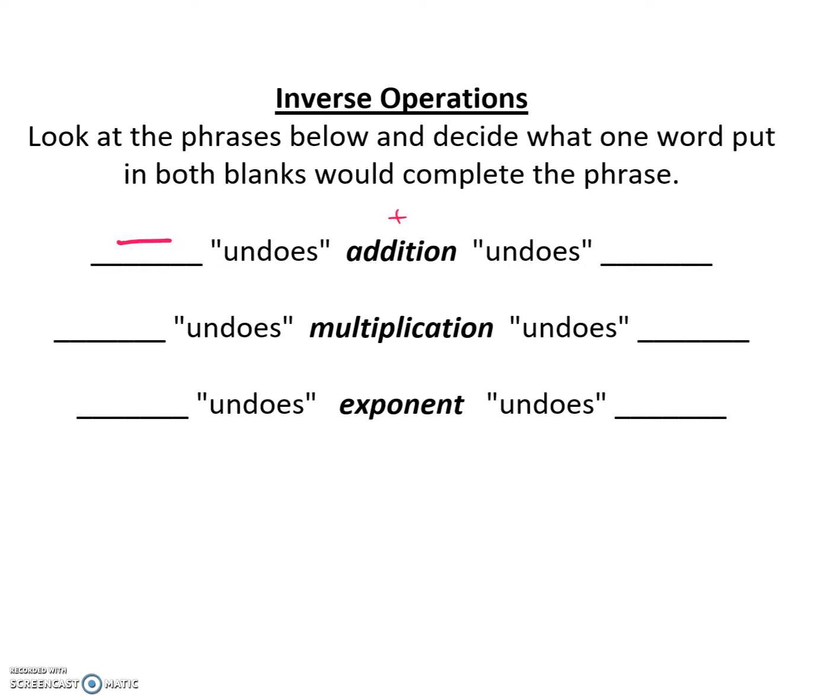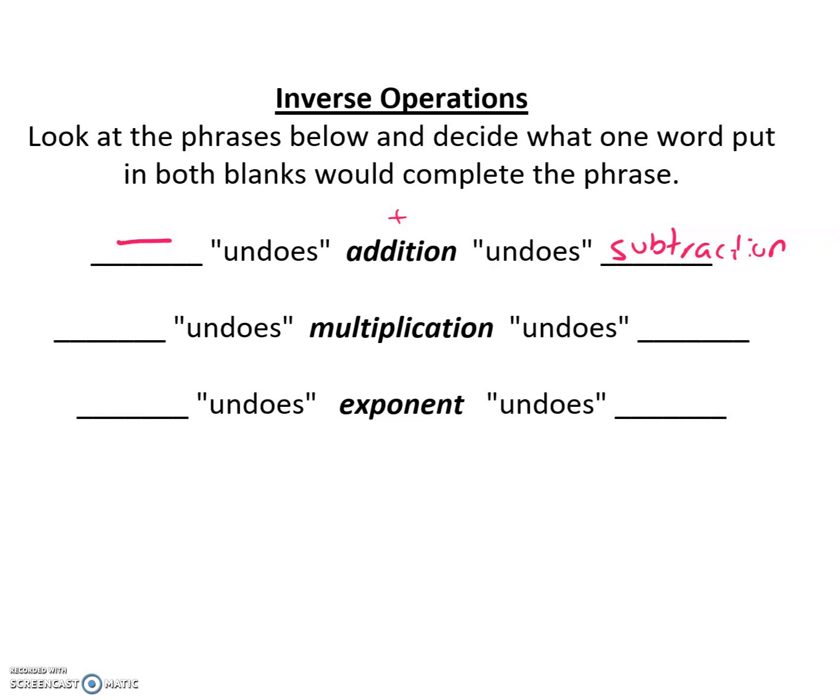So subtraction undoes addition, which means addition undoes subtraction. So we know that when we add something, if we have a number and we add that same amount to it, we can make a 0. If we have -5 and we add 5 to it, we get 0. If we have 5 and we subtract 5 from it, we have 0.